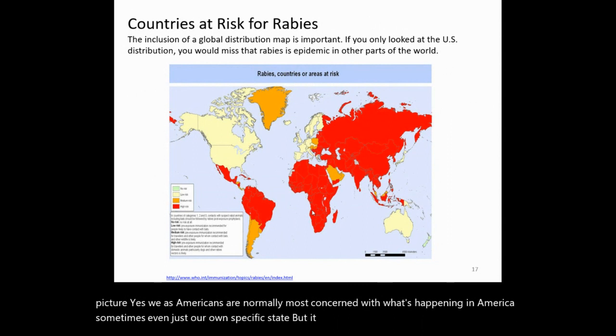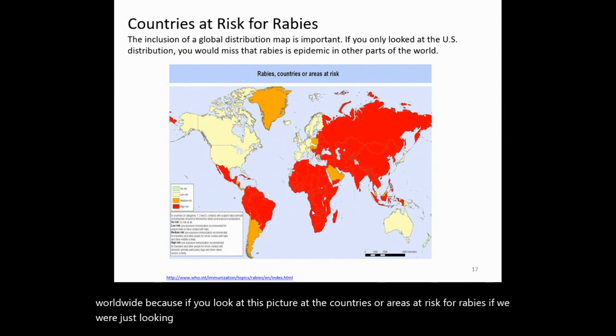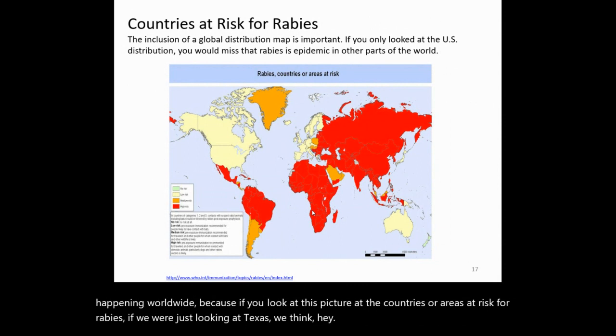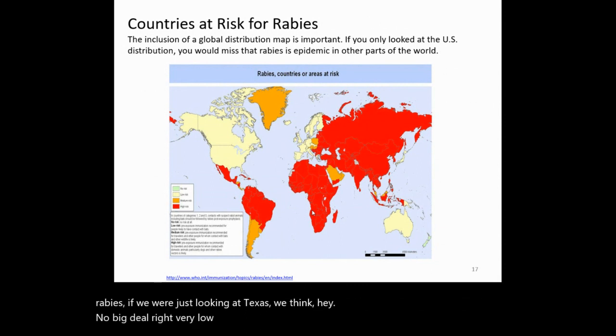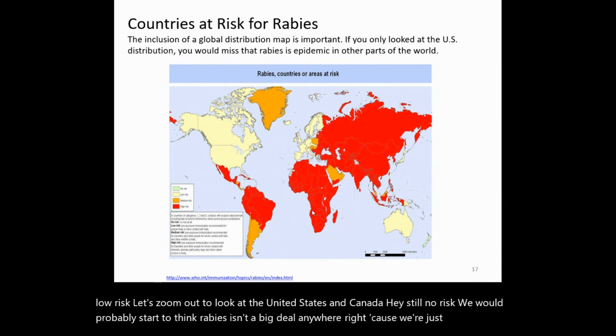But it is important to look at what's happening worldwide, because if you look at this picture at the countries or areas at risk for rabies, if we were just looking at Texas, we'd think, hey, no big deal, right? Very low risk. Well, let's zoom out and look at the United States. Hey, still very low risk. Let's zoom out to look at the United States and Canada. Hey, still no risk. We would probably start to think rabies isn't a big deal anywhere, right? Because we're just not seeing anything.